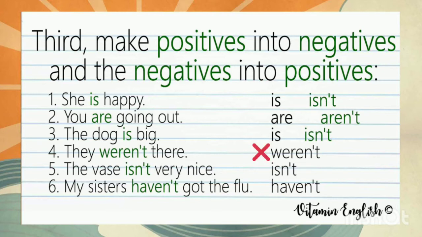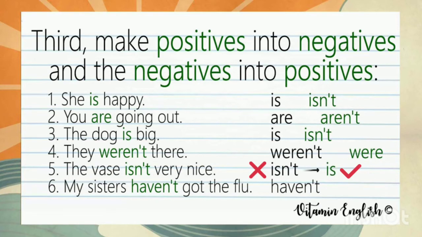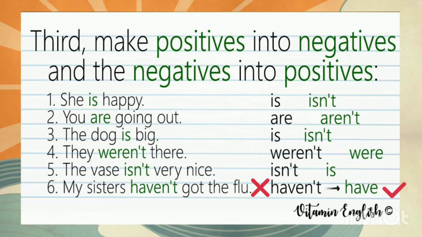So we have to make it positive. What is the positive of weren't? It's pretty easy, right? It's were. Number 5's verb is isn't, which, as we know, is the negative of is. And lastly, number 6's verb is haven't, which is also negative and so becomes have.